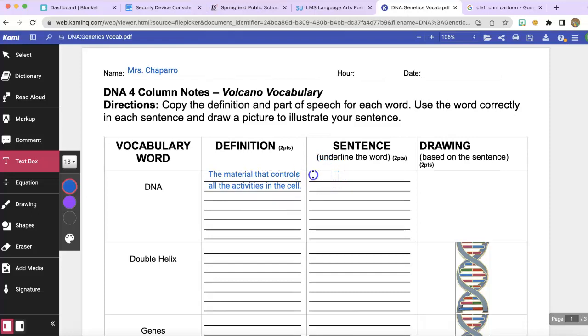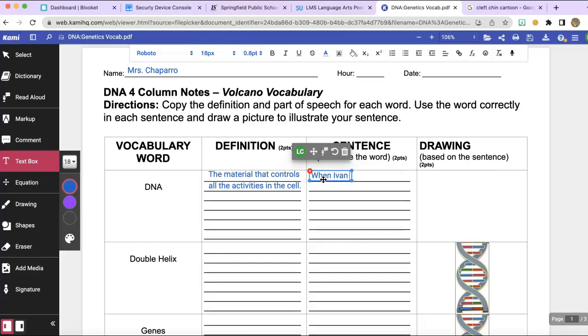Let's see here. I'll just make up a random person to have an injury. Ooh, how about my brother-in-law, Ivan? When Ivan cut his hand, let's see what we should say.